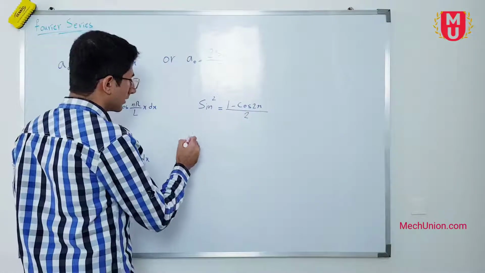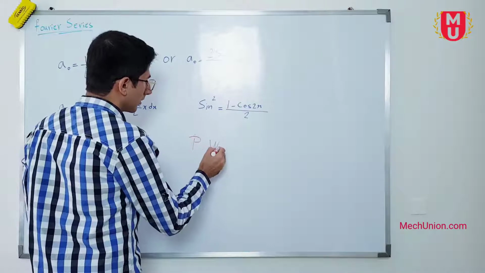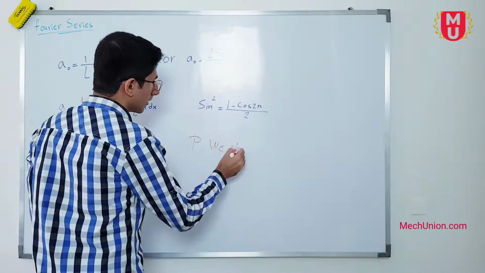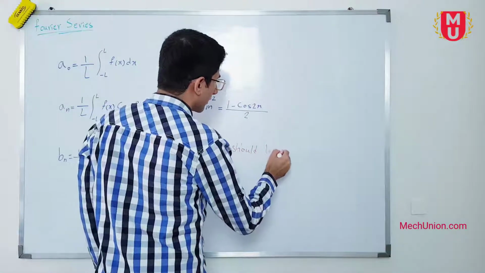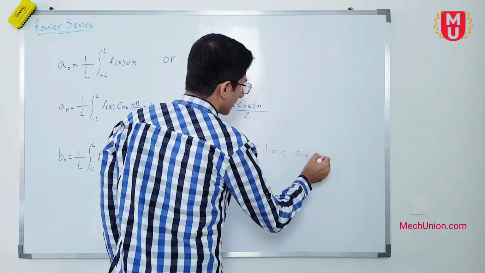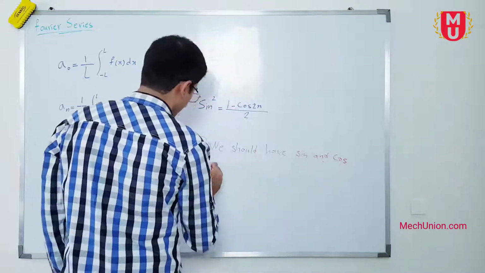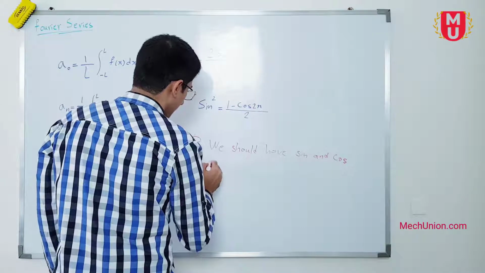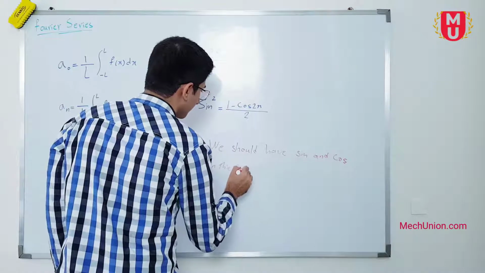I write down this tip, which is that we should have sine and cosine in the simplest way.